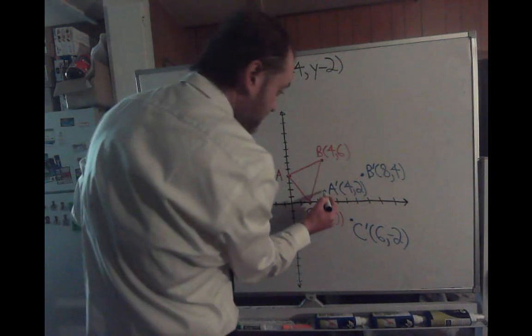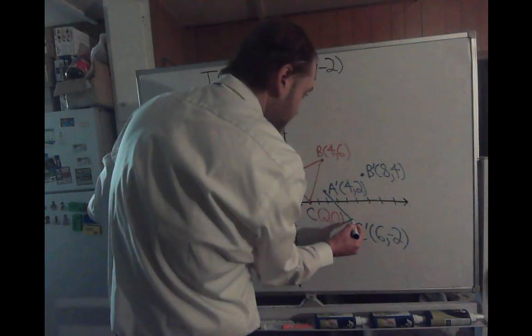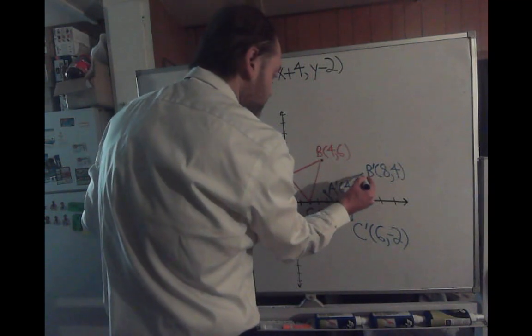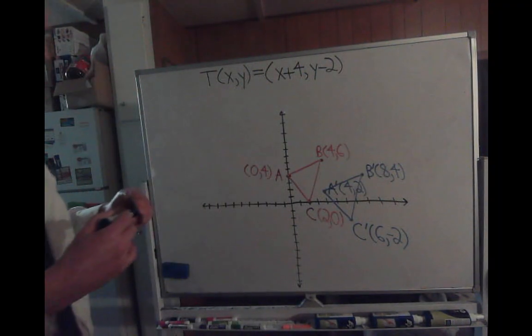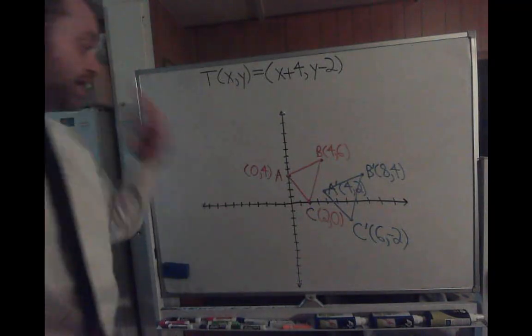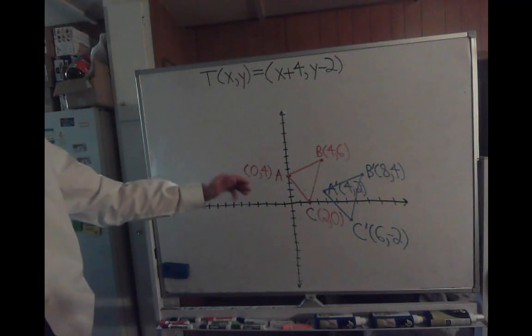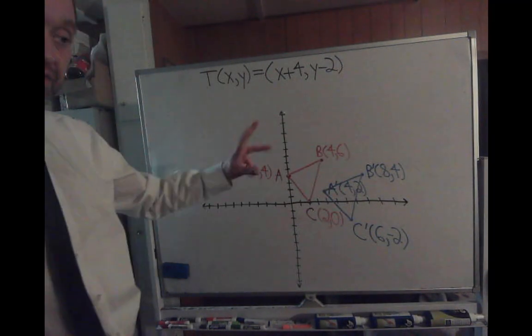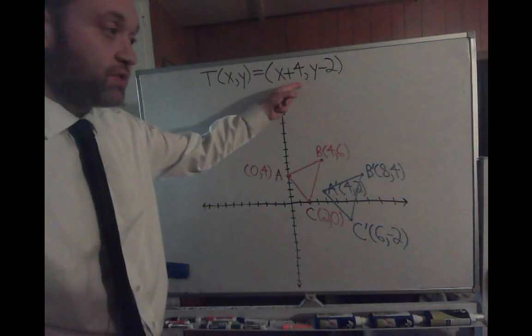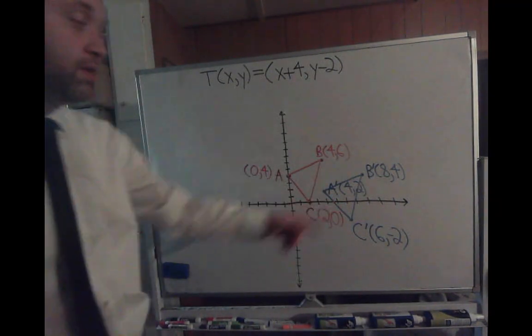And yes, we can connect these and make ourselves a happy little triangle. So what this function means now is I have literally shifted this triangle, every vertex of it, 4 units to the right and 2 units down.